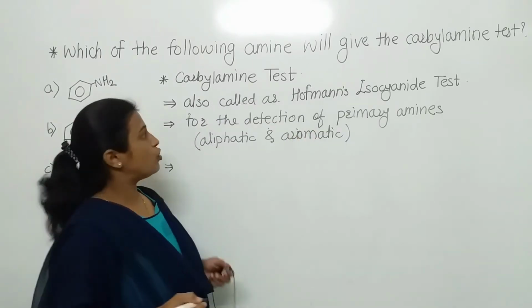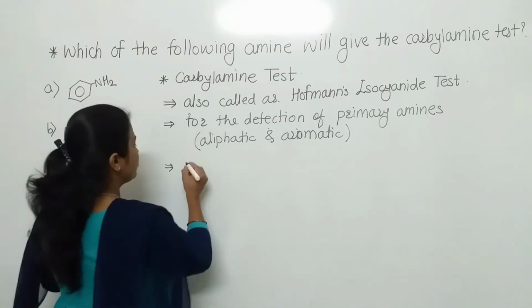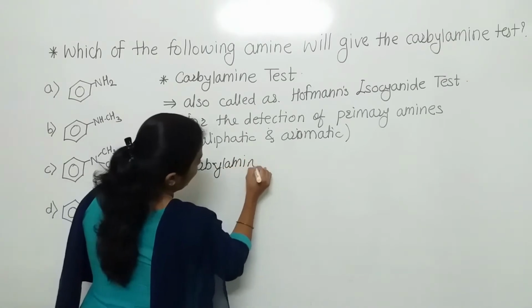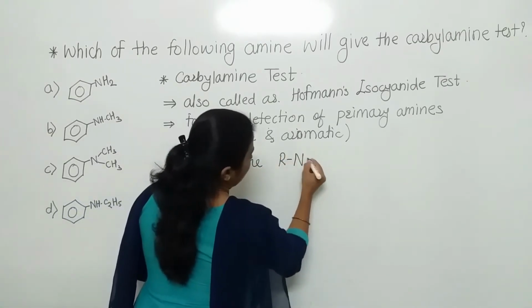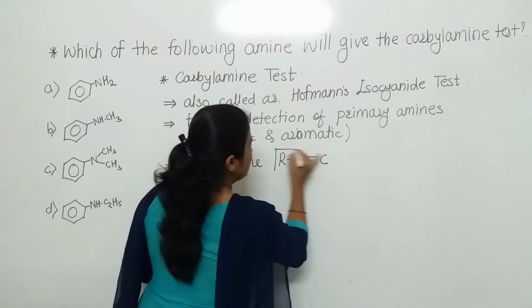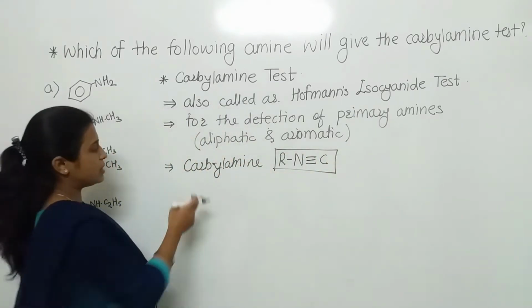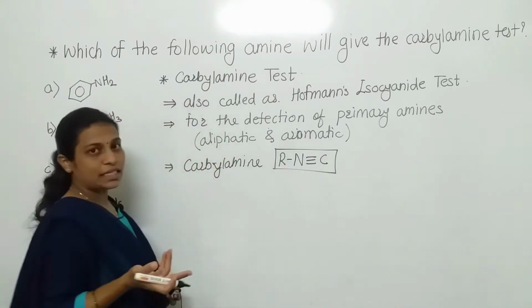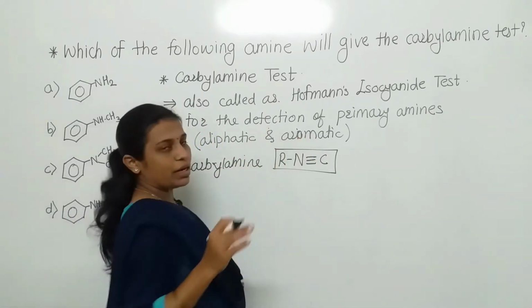What is the reaction of this carbylamine test? If we consider the structure of carbylamine, it is R N triple bond C, the isocyanide or carbylamine. This will be the product, and here R is the aliphatic or aromatic group.